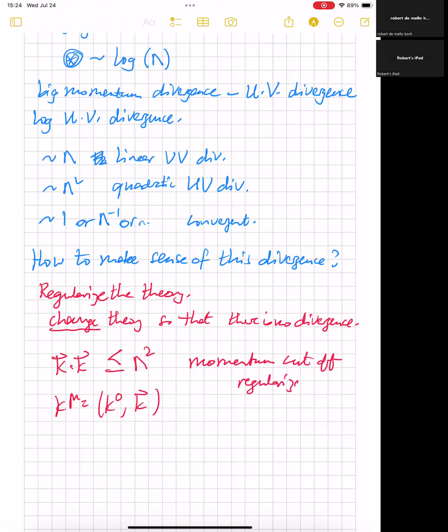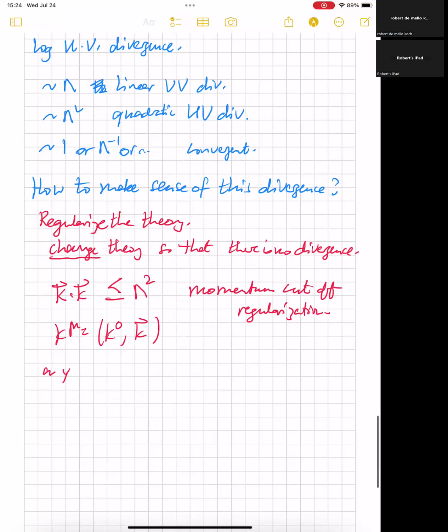When you use this cutoff and do your integral, you don't run all the way up to infinity. You run up to some finite value lambda, and you never let lambda tend to infinity. But as you take lambda to infinity, you recover the original theory.